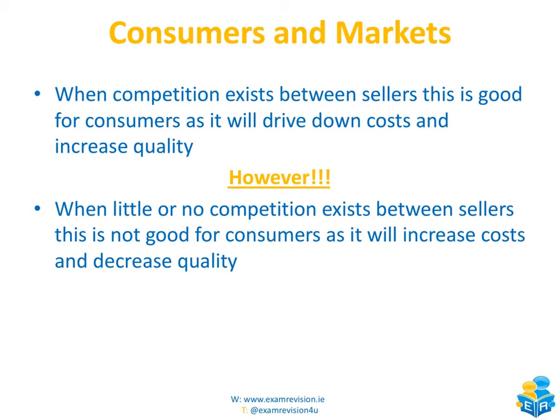And to do this, they're probably going to have to decrease the price and increase the quality. However, if there's little or no competition between sellers, that's not good for consumers, as it will increase costs and decrease quality. So it's important to note that about the relationship between consumers and markets.